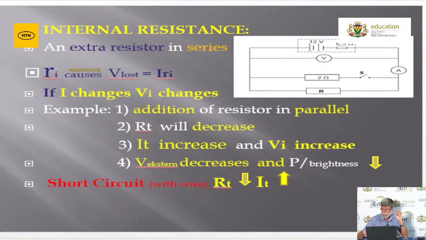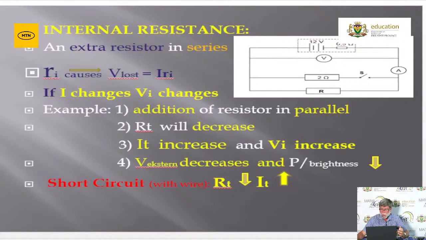So if total current increases, then V lost must also increase. And now you will realize there is less voltage available for the external circuit. So therefore, V external will decrease. And then also it can relate to the power that will decrease and the brightness of some bulbs that will decrease.